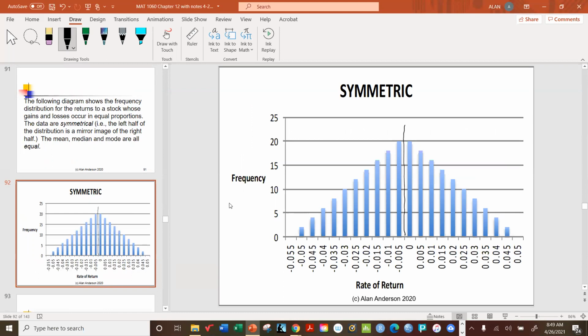They're absolutely identical to each other. And the mean, median, and mode are right smack in the middle. That's what it means to be symmetric or symmetrical. That means the gains have been balanced by the losses. I'm essentially breaking even with this stock.